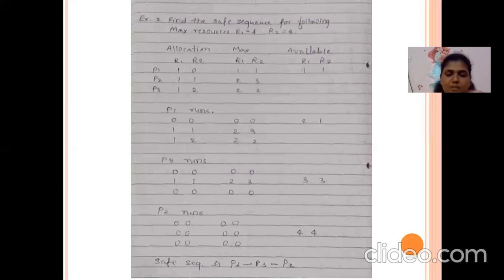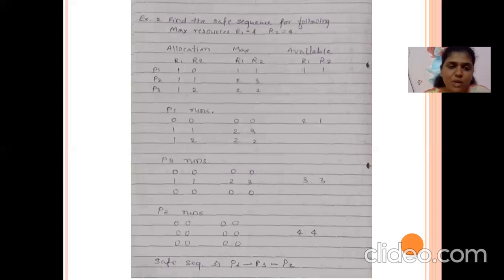We can identify the safe sequence, in which we will be able to execute all the processes up to their completion. If we follow the sequence P1, P3 and P2, then only can the processes be executed to completion. Otherwise, there may be a problem.